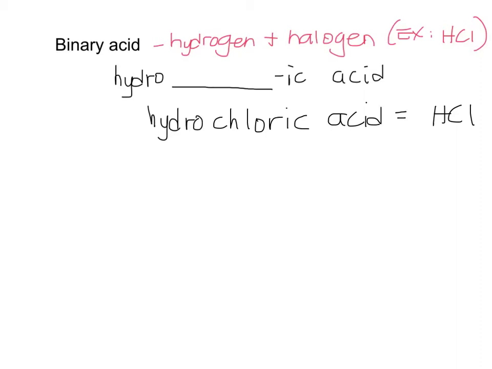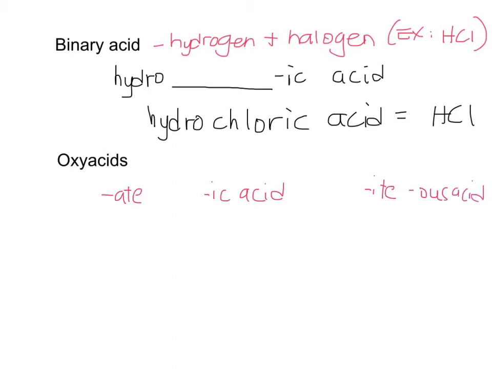Now what we need to learn is how to name oxyacids. Previously I said that if the polyatomic ion ends in ATE, we're going to change the ending to ic acid, and if it ends with ITE, it ends in us acid.